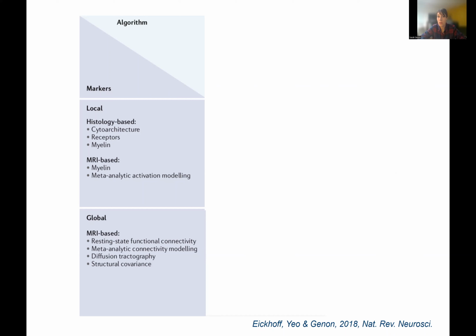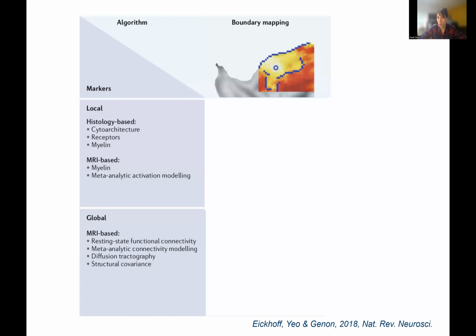Now we can also distinguish parcellation approaches based on the type of algorithm they use. If you look at the first parcellation studies based on cytoarchitecture, you will see that they use a border detection approach, or boundary mapping. The idea is to identify when there is an abrupt change in the feature across the brain, which indicates the borders between different areas.